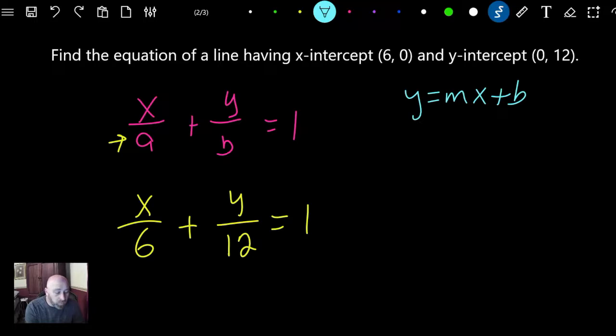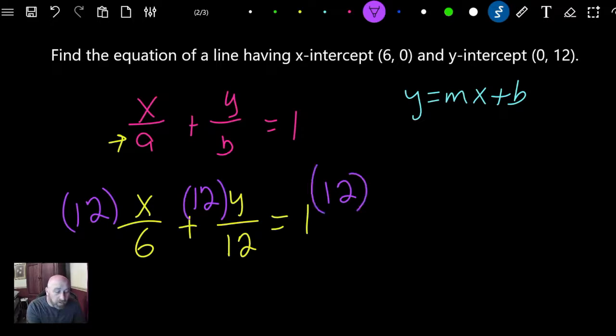One thing I want to do is get rid of these fractions right now, because standard form doesn't have any fractions in it. So if I multiply everything by 12, watch what happens. Some of you that know this stuff, you're like, oh yeah, you're going to eliminate your fractions.